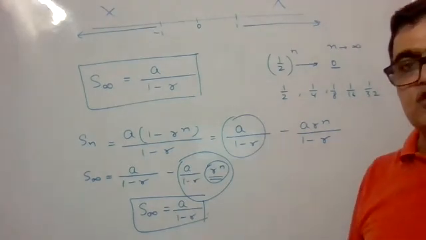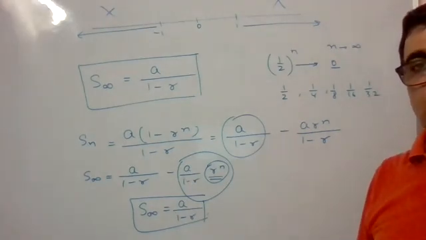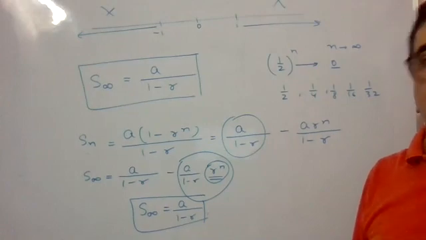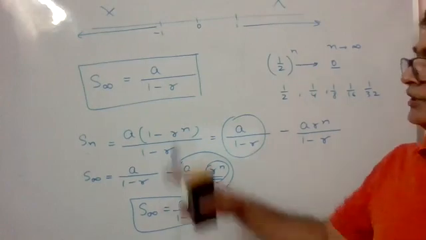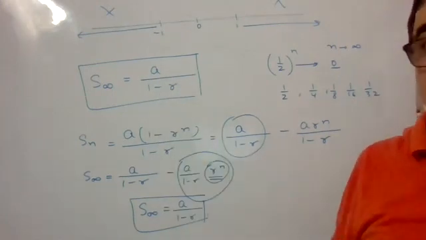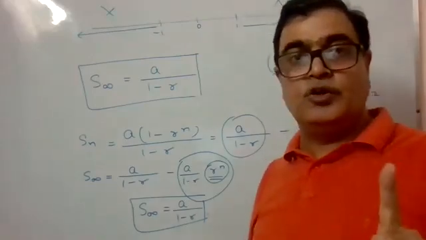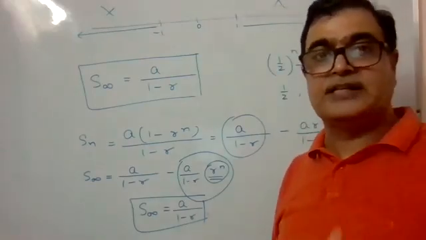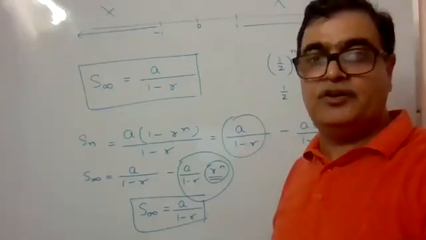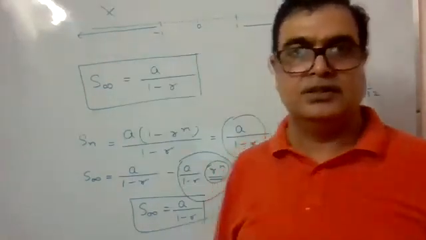Keep in mind R has to be less than 1. So this is the simple formula you have for infinite GP, but keep in mind sum of infinite GP is only possible when R is coming between -1 and 1, or R should be less than 1.